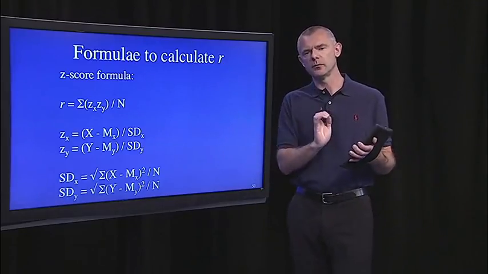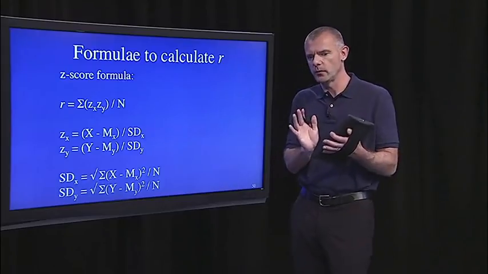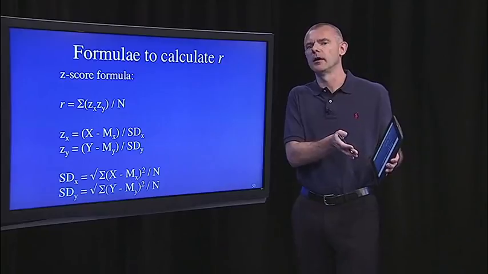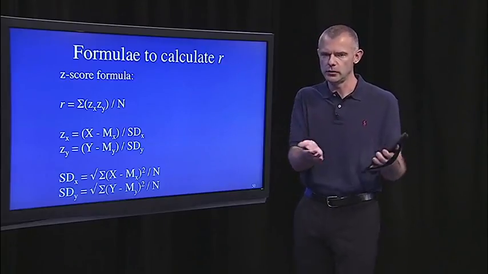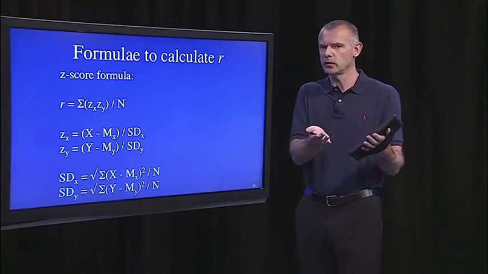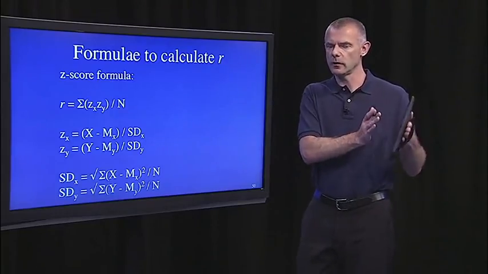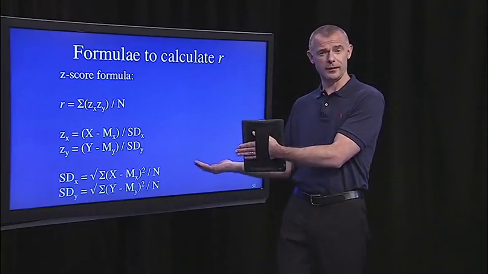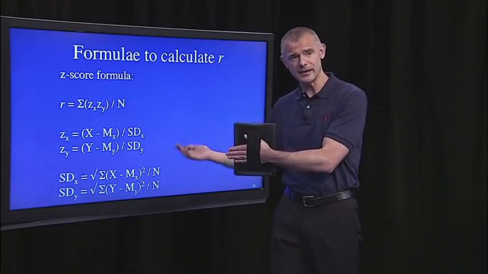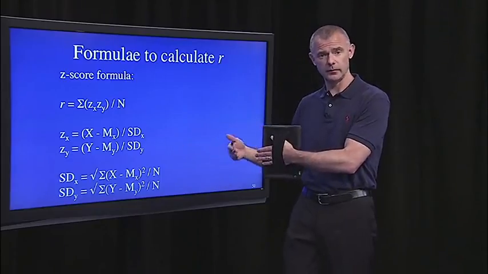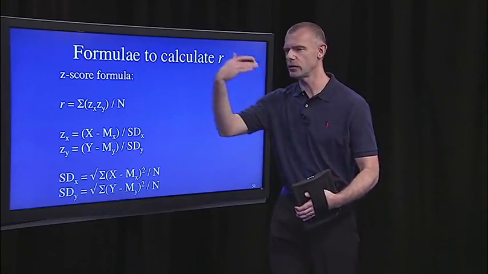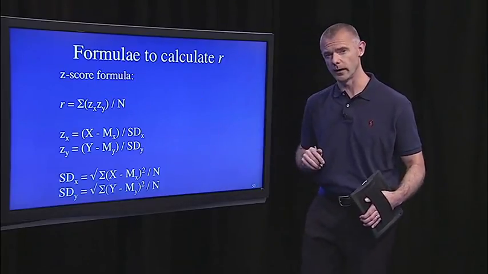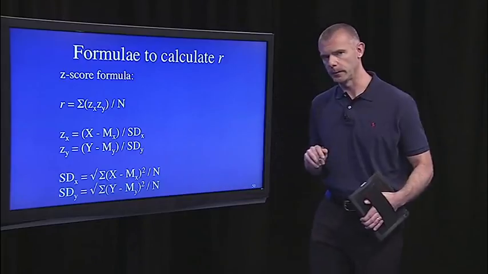Remember, the middle of the distribution on z is 0. So if you're above average on x, you'll have a positive z-score. If you're above average on y, you'll have a positive z-score. And if the two variables are positively correlated, then most likely, if you're above average on one, you're above average on the other. What if you're below average? If you're below average on one, then you're most likely to be below average on the other. A negative z-score times a negative z-score gives you a positive value, again, contributing to the sum of cross products, or here, contributing to the numerator in the formula.